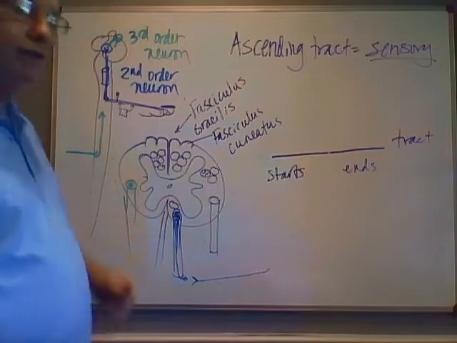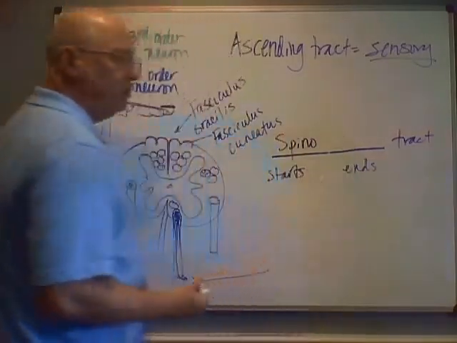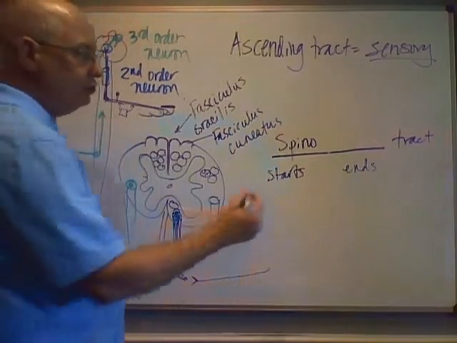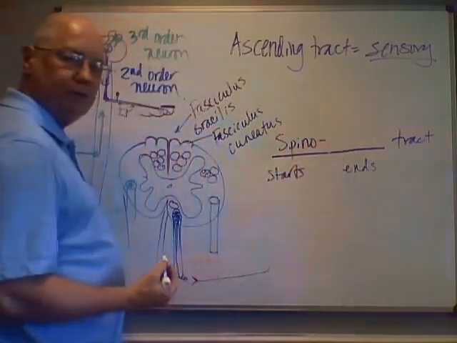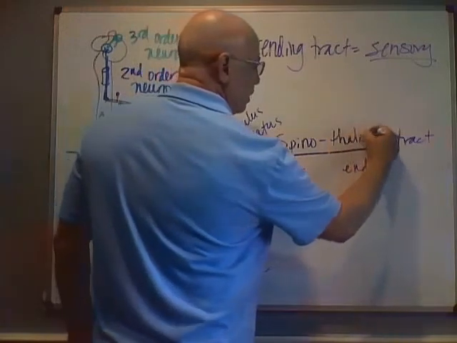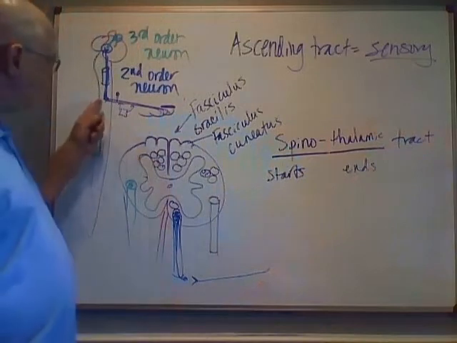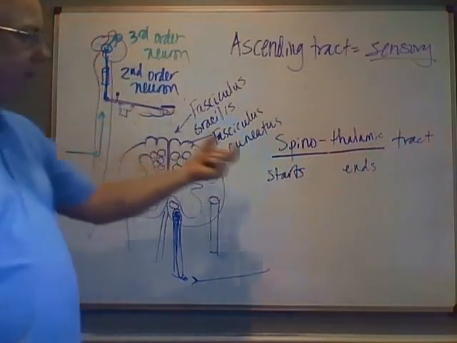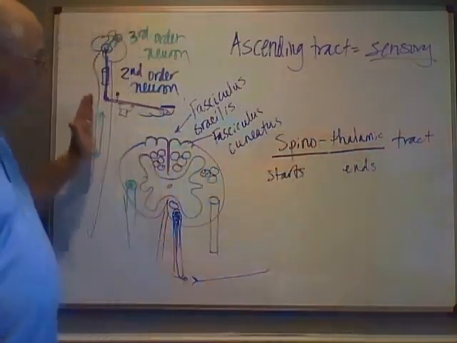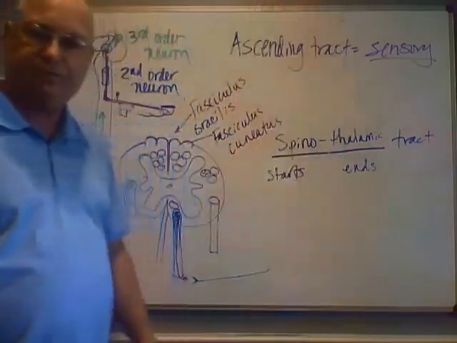So, most sensory tracts are going to start with the word spino. Now there's usually not a hyphen, but I'm going to put one in here. And the second half of the word tells you where it ends. So if I tell you I have a spinothalamic tract, that tells you the tract starts in the spinal cord and ends in the thalamus of the brain. Therefore it must be going up or ascending, therefore it must be sensory.